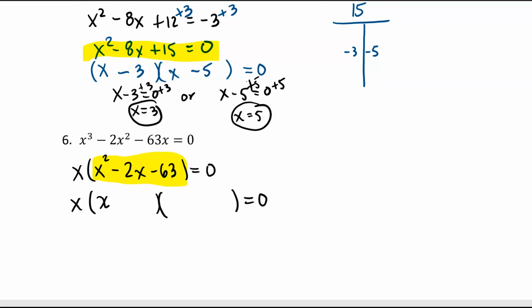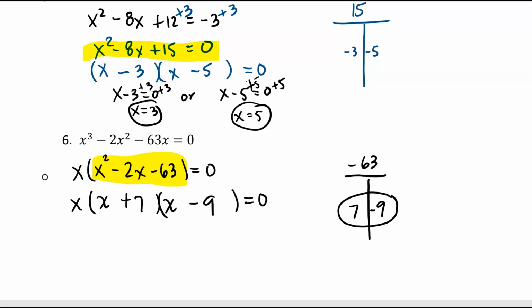We know that we don't have to do the AC method for that, but we do need to figure out what factors of -63 would add to -2. I'm thinking 9 and 7 somehow, and a -9 because that will take the sign of the higher number. So our factors are x times x plus 7 times x minus 9.